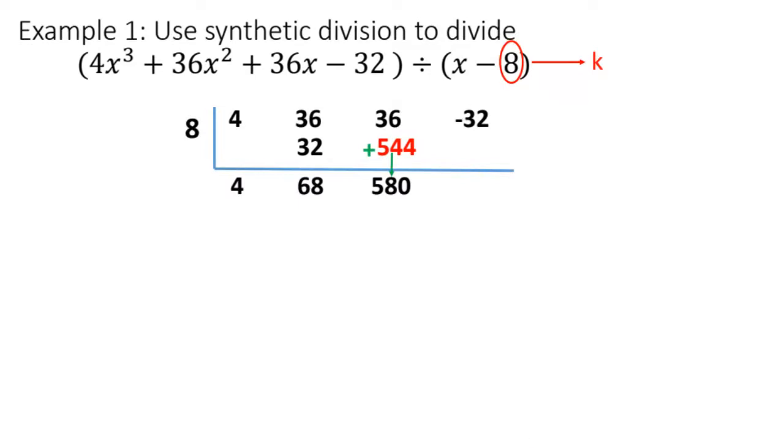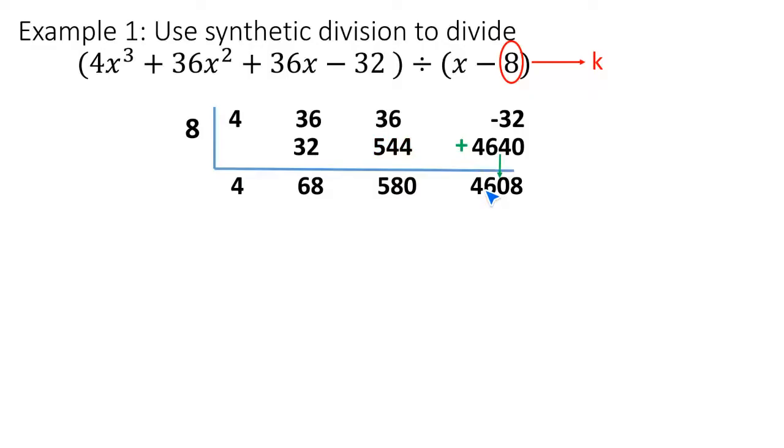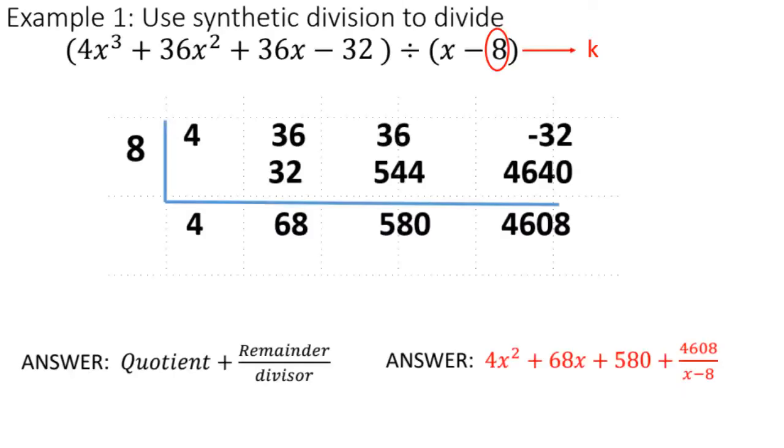Then we're going to continue the process, right? So 8 times 580 is 4,640. If we subtract 32, we end up with 4,608. So of all these four numbers, which one is my remainder? The last number, right? So 4,608 is our remainder.